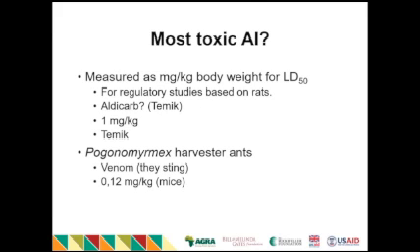So how does this compare to, let's call them natural substances? As I've stated already, we measure this as milligrams per kilogram body weight for the LD50. And there's an active ingredient called aldicarb. Many of you will probably remember it as a product called Temik if you worked in agriculture for a long time. And Temik's LD50 was 1 milligram per kilogram.